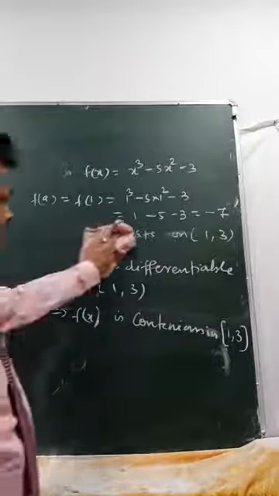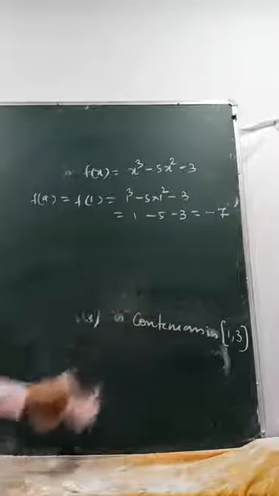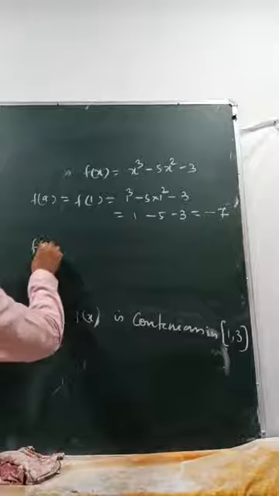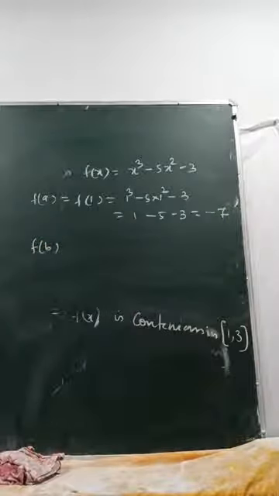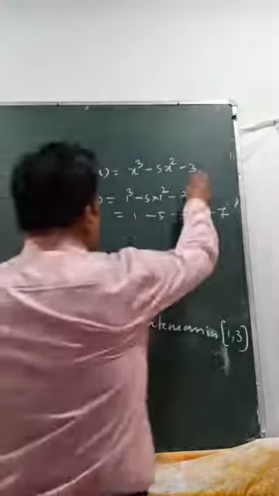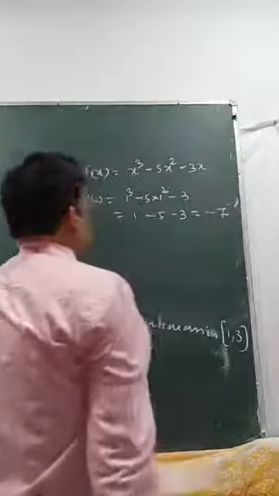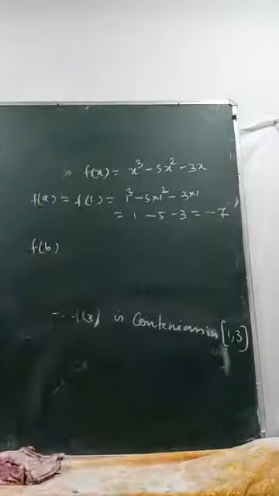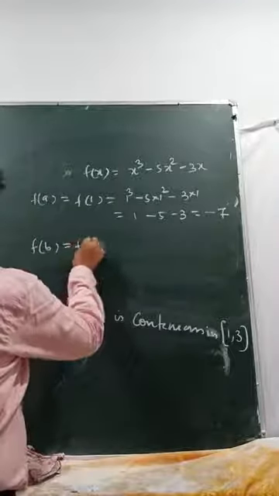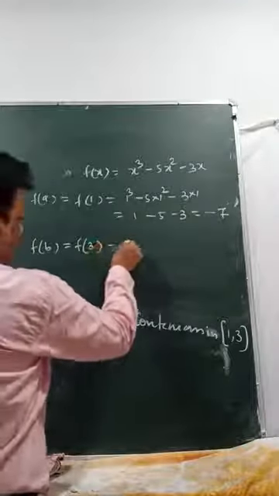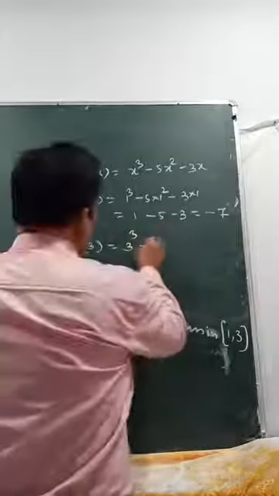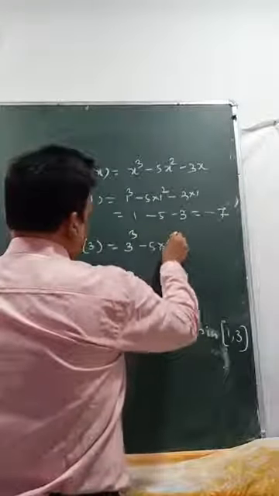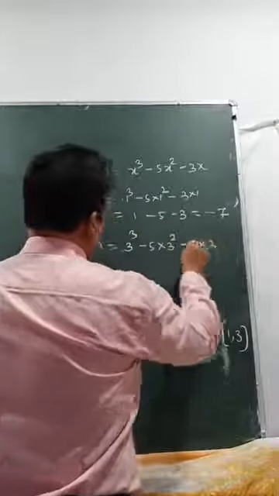Then f(b), f(3) is 3 cube minus 5 into 3 square minus 3 into 3.